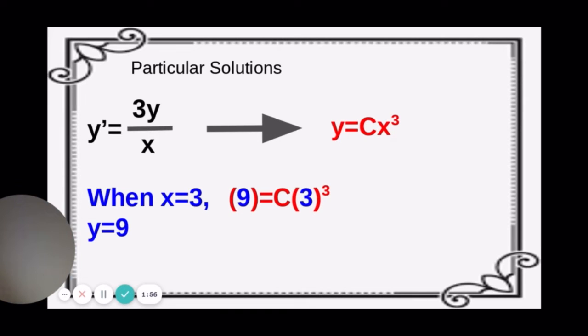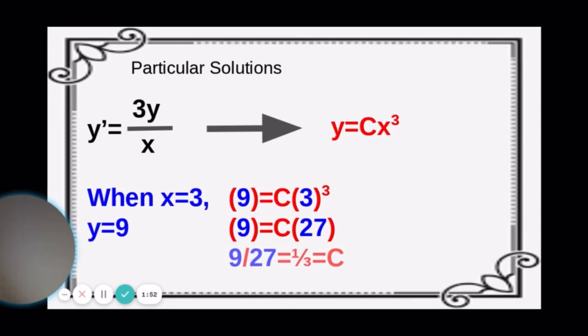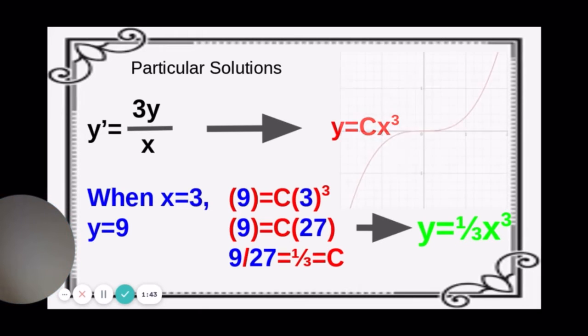You can plug this into your general solution, simplify to find your c value is 1/3, and your particular solution would be y equals 1/3 x to the third. You can graph this particular solution, and you'll see that this is the solution of y prime equals 3y over x that goes through the point 3, 9.